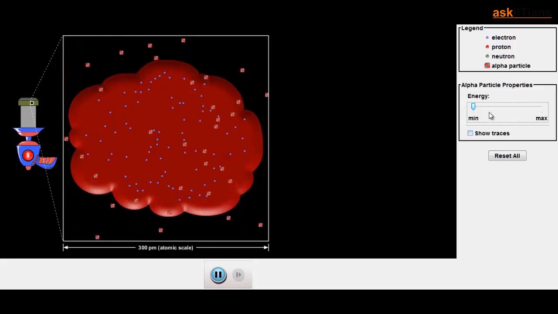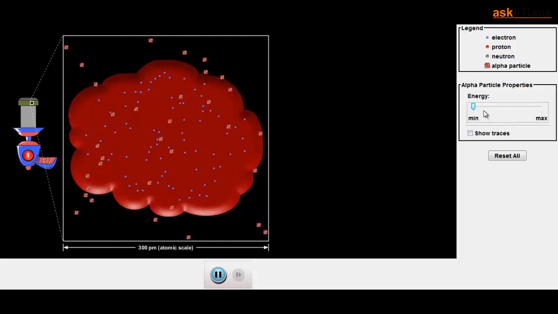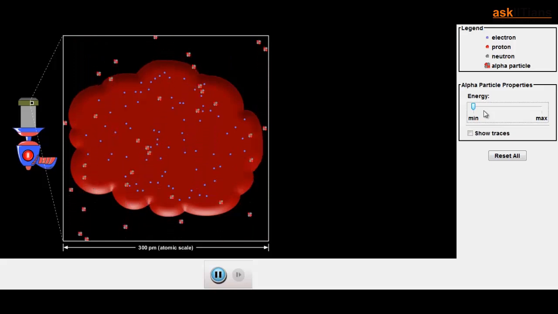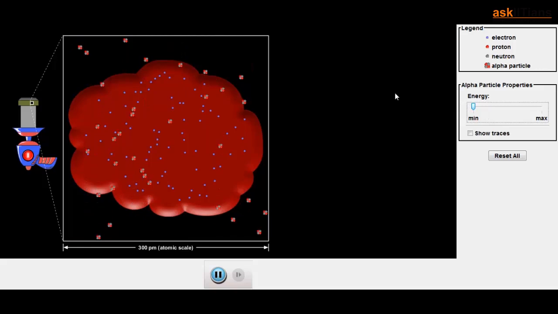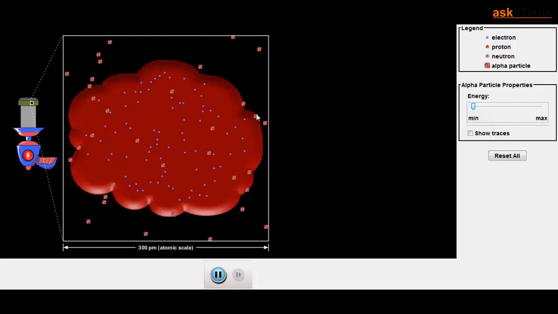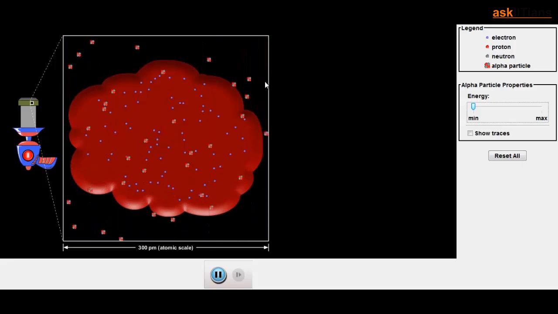What I'm trying to do is what he said. I've constructed it through this simulation software, showing what Thomson said, and I'm performing an experiment, throwing alpha particles at it.